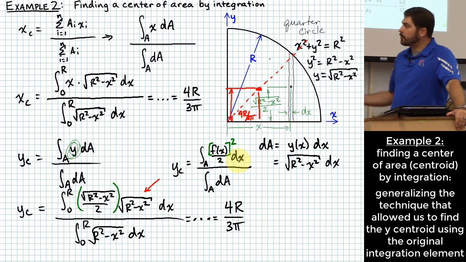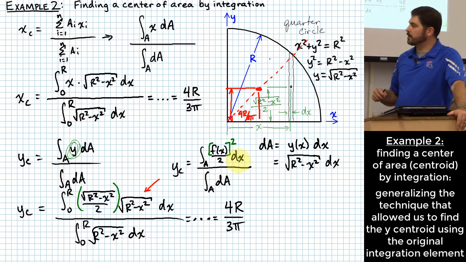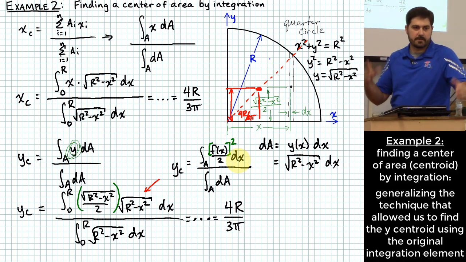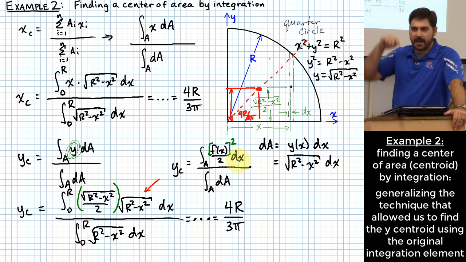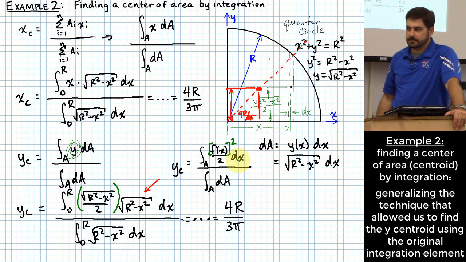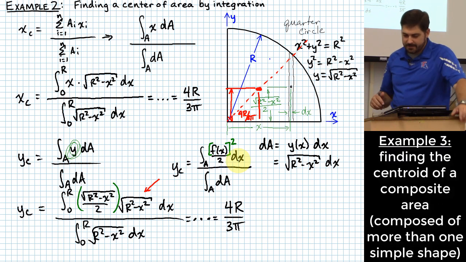In other words, no matter what function you put in there, you can just square that function and divide it by 2 and use dx, and you'll be able to figure out what the y-coordinate is of the centroid without having to split it up again along the other axis. Okay?